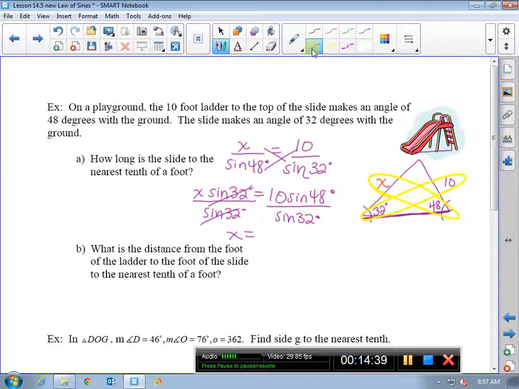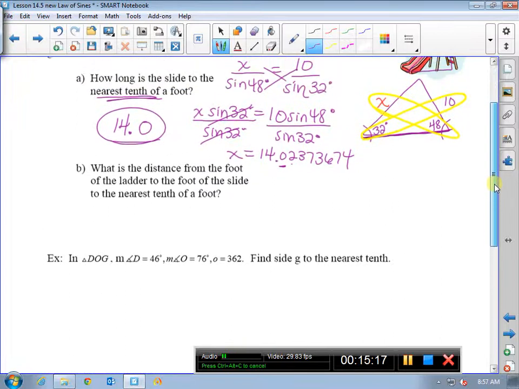Grab your calculator. 10 times the sine of 48 divided by the sine of 32 gives us a slide with a length of 14.02373674. We want it to the nearest tenth of a foot. So 14, that 2 doesn't bring it up. 14.0 is the length of the slide.